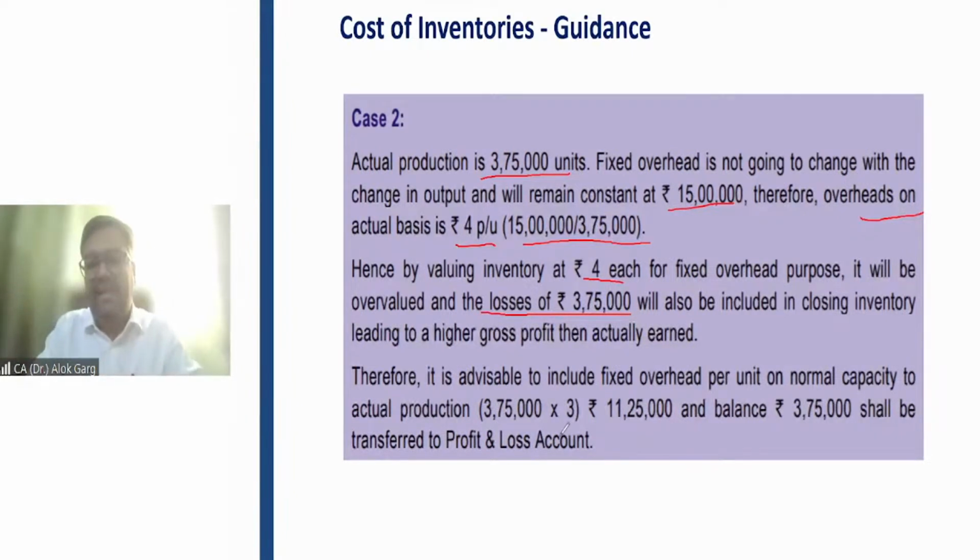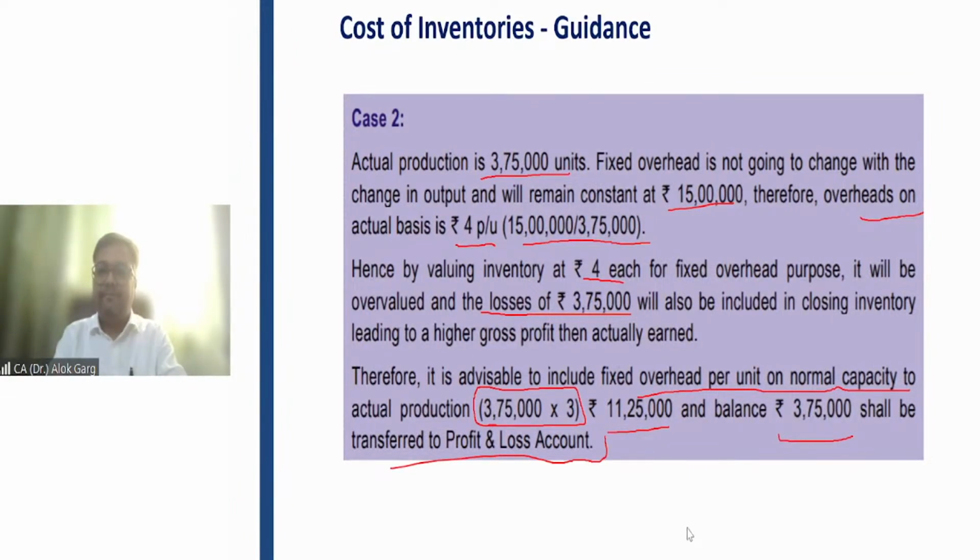Same way it says that, therefore, it is advisable to include fixed overhead per unit on the basis of normal capacity for actual production. They have multiplied 3,75,000 by 3 rupees, which is 11,25,000, and the balance 3,75,000 shall be transferred to the profit and loss. Right? This is what we discussed, right?